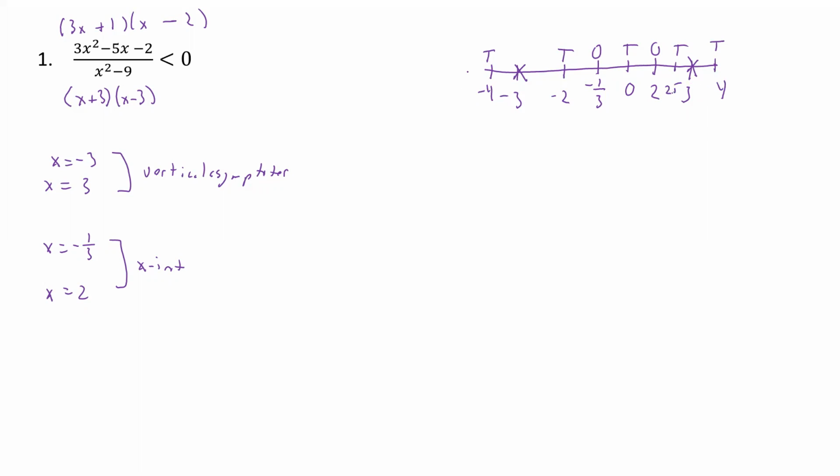Okay. Now, again, I'm just going to plug these into my calculator since we've already got a complicated thing here. So I'm just going to say, okay, well, let's plug those in. So we'll have 3 times negative 4 squared minus 5 times negative 4, and then minus 2, divided by negative 4 squared minus 9.